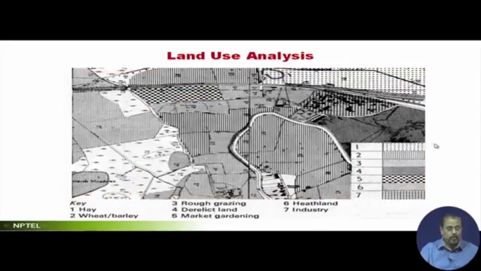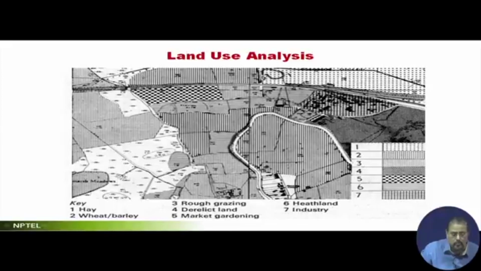Okay. Then comes the land use analysis. In this land use analysis, see, this particular land use analysis is essentially for different kinds of land, more agricultural as well as industrial. I am just drawing your attention to one particular part. Let us say whatever is marked as 7, this particular legend or this kind of representation, I am trying to see where it is in my picture.